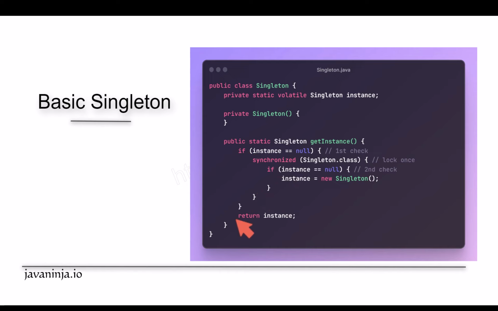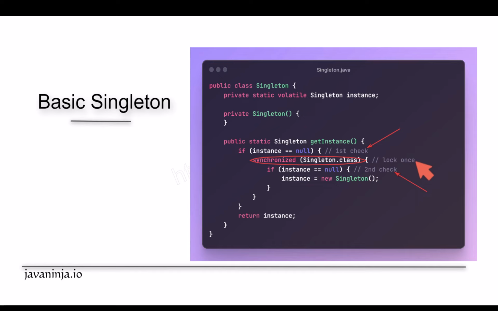It will straight away come here and return the instance. So we are having first check here and second check here and locking once. This is the reason that this particular approach is called double check locking. We check twice and lock once.